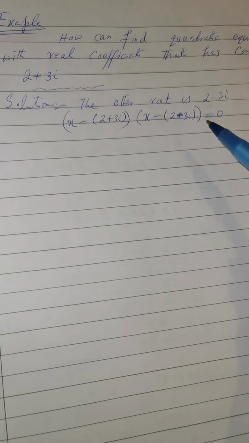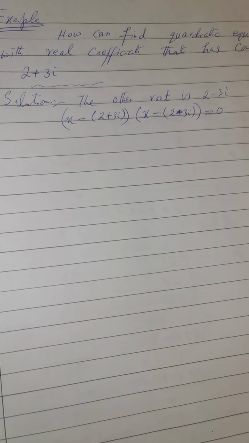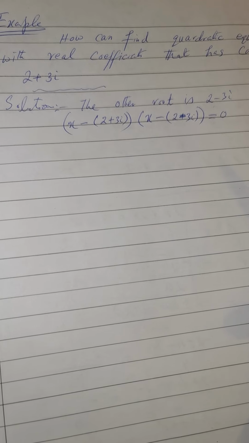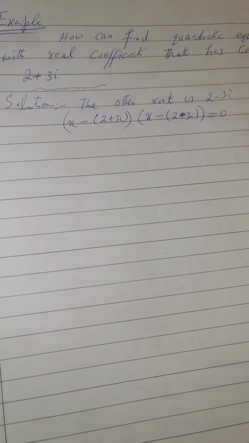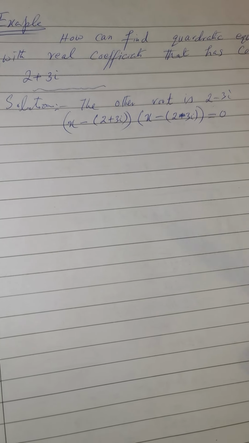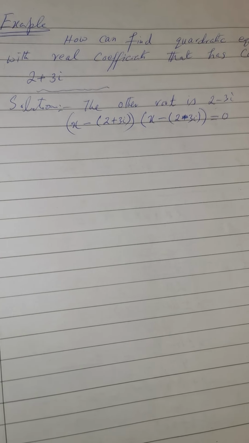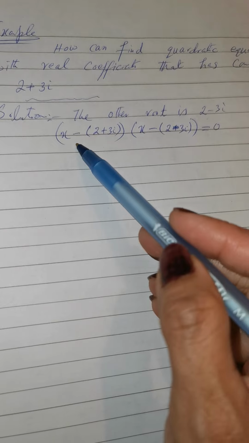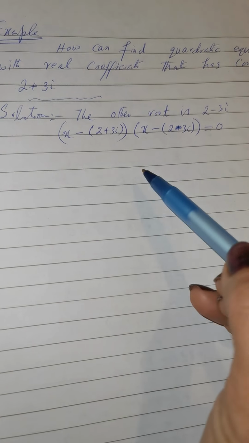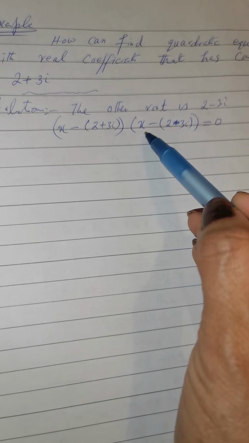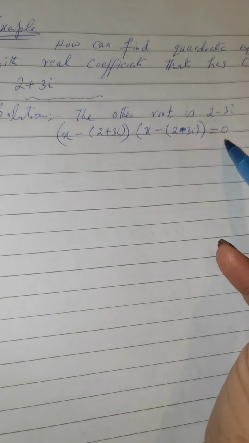If something is a root of the given equation, then we can write it here. For example, if somebody says that for this equation 1 is the root, then we will write x minus 1 is equal to 0. So I am using this terminology here: x minus the first root multiplied by x minus the second root is equal to 0.